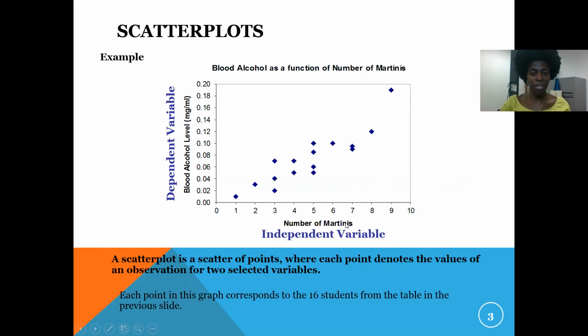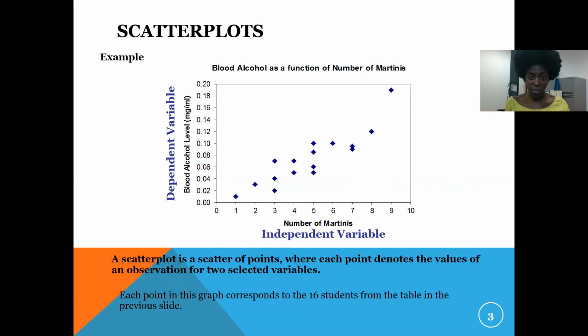We're making that our independent variable because we know independent is the one that sort of helps us determine what the dependent variable is. Said another way, the dependent variable is waiting to see what the independent variable will do, and then it determines, right, what the value of that dependent variable is. So person with 1 martini, blood alcohol content was 0.01. Person with 5 martinis, varied, right?